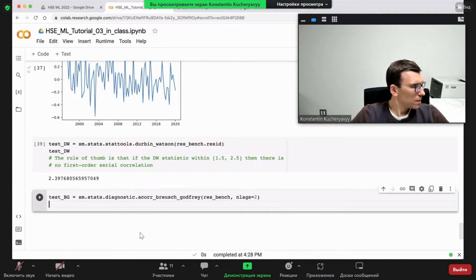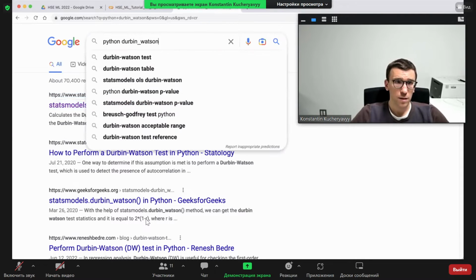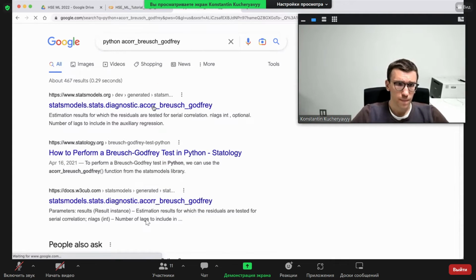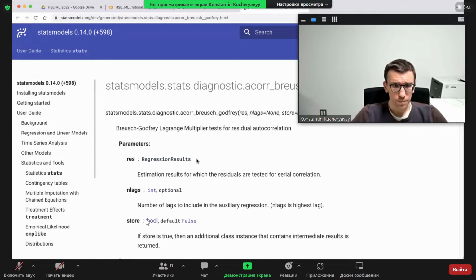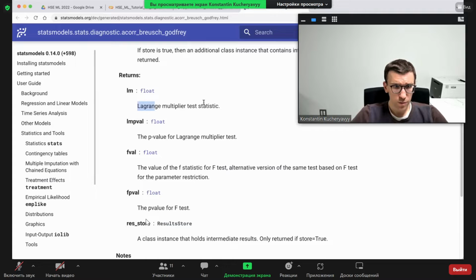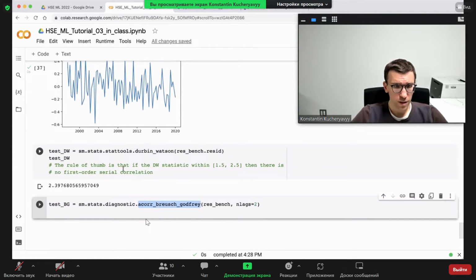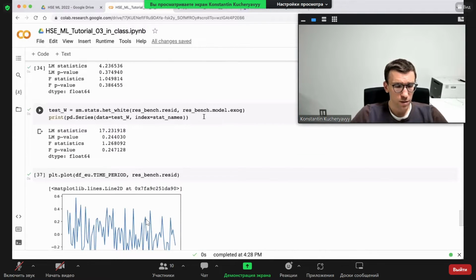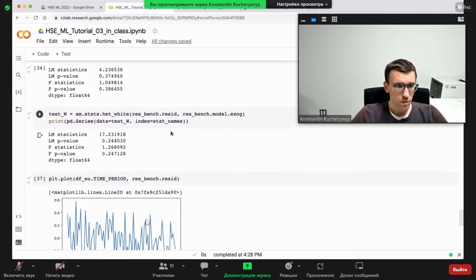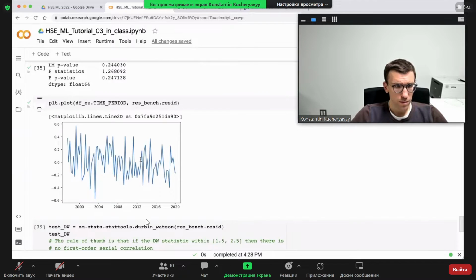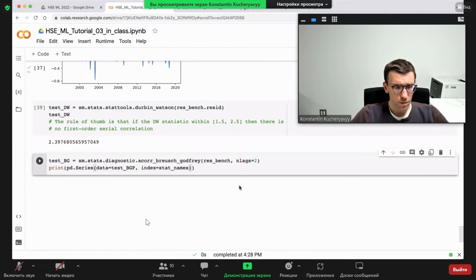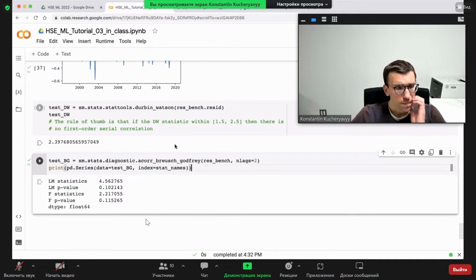And I think it has, well, not I think, I know it has the Lagrange multiplier test statistic, p-value, f-value, so the same as the Breusch-Pagan test for the homoskedasticity, sorry.